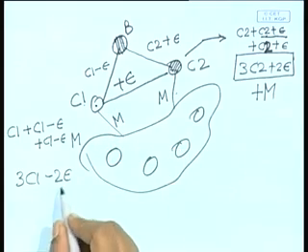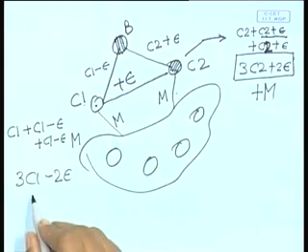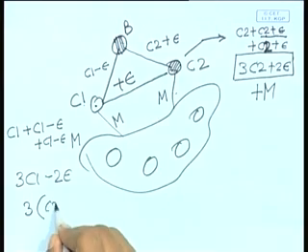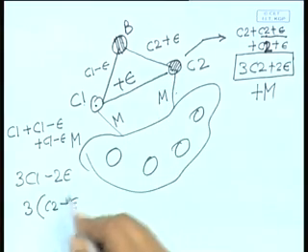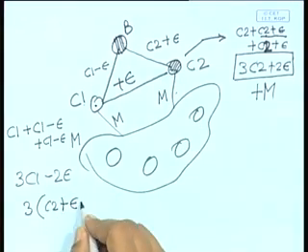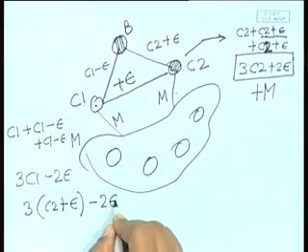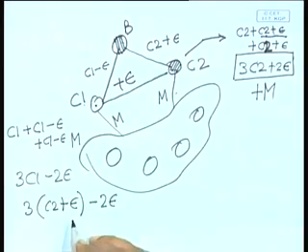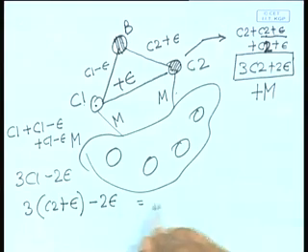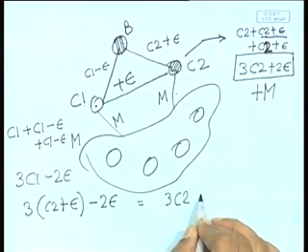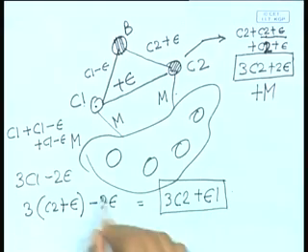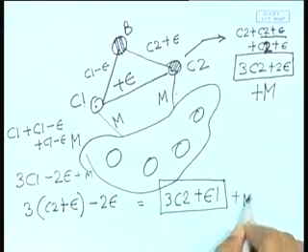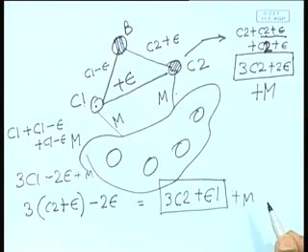So, this becomes 3 C2 minus epsilon, okay, C1 is C2 plus epsilon, right, minus 2 epsilon. So, this becomes 3 C2 plus epsilon plus m of course, and this becomes 3 C2 plus 2 epsilon plus m.